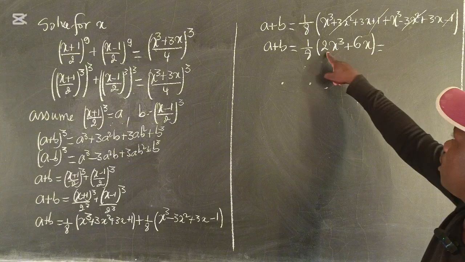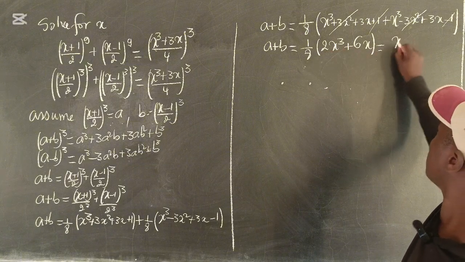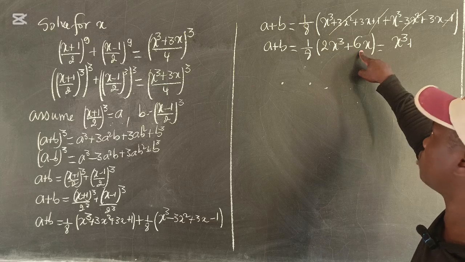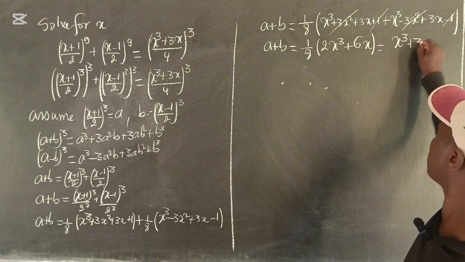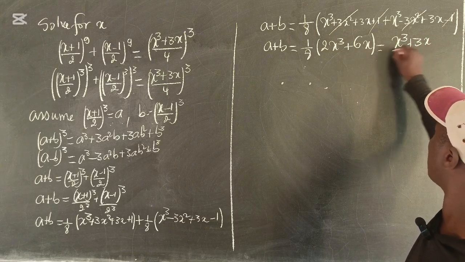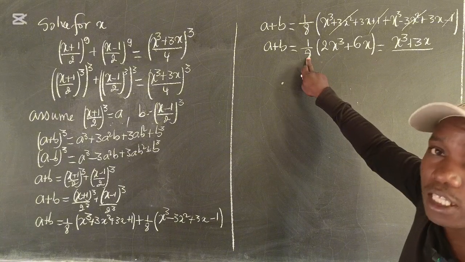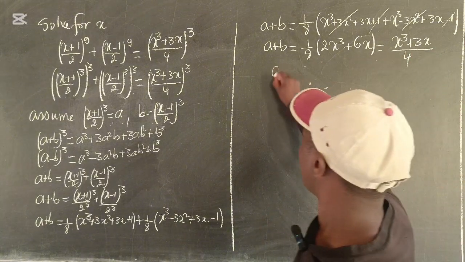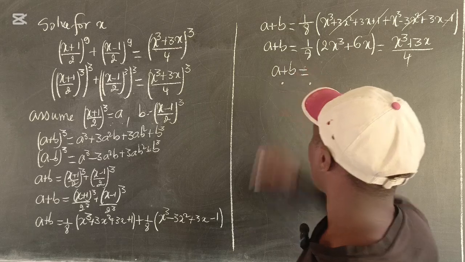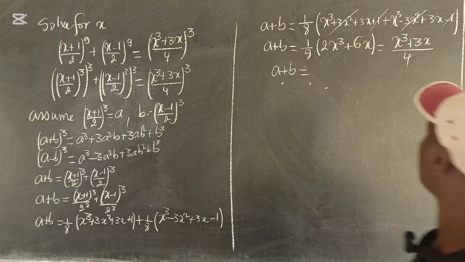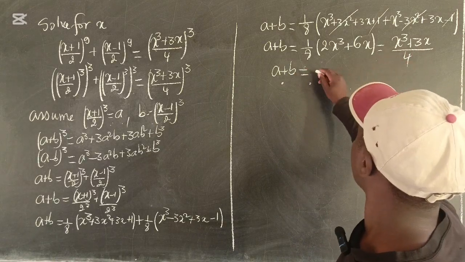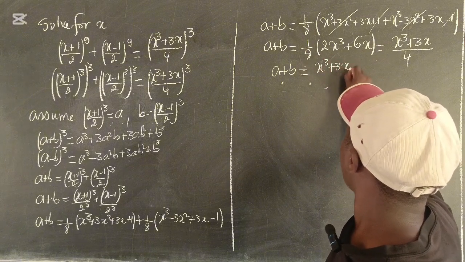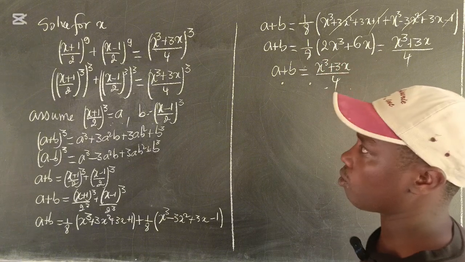We have x power 3 plus 3x over 8 divided by 2, that is 4. This is to say a plus b is equal to x power 3 plus 3x over 4.